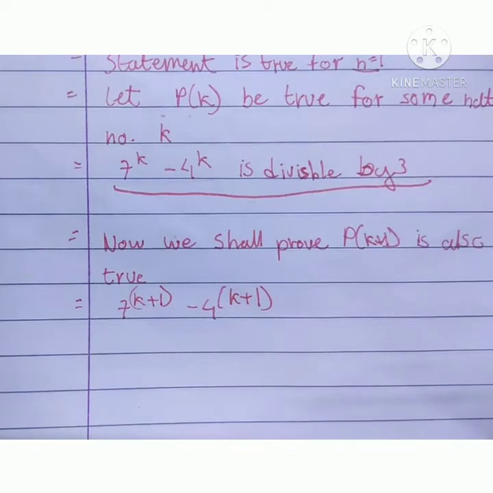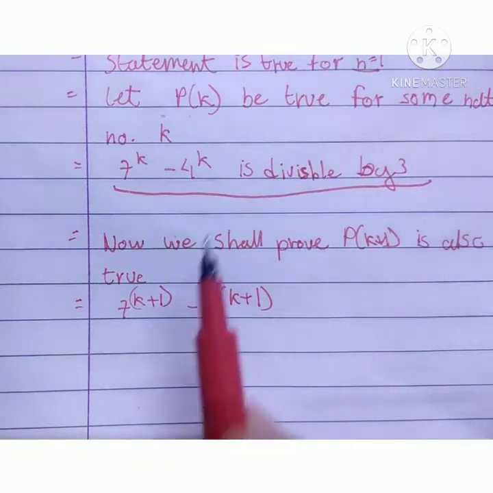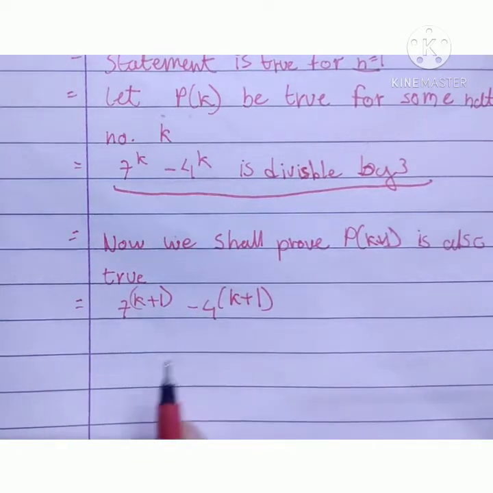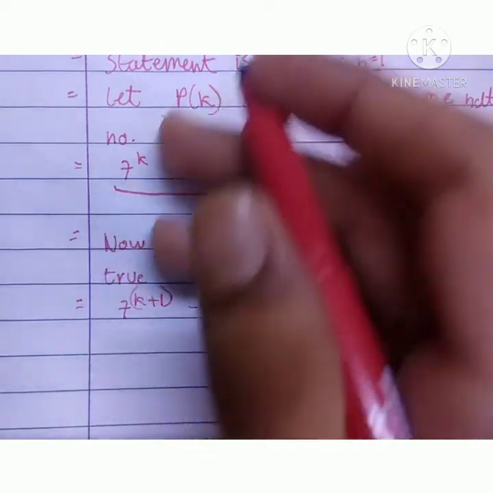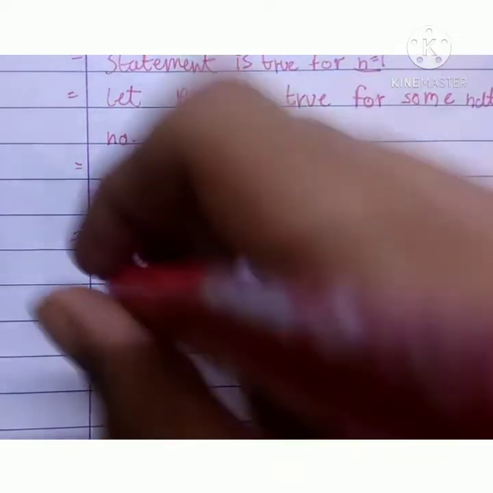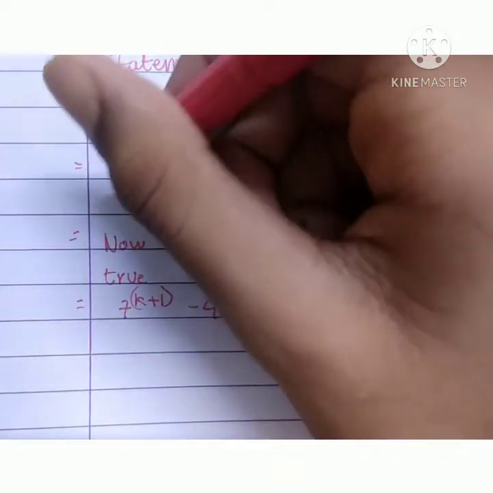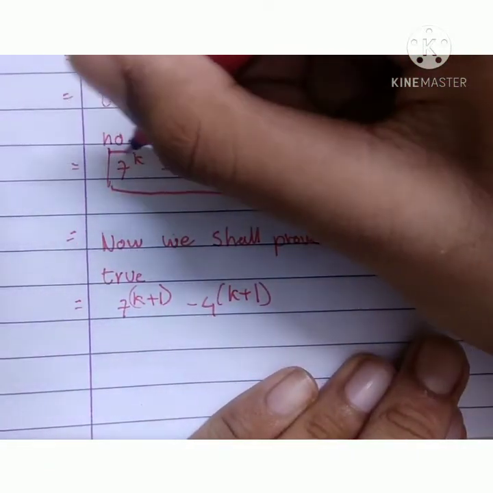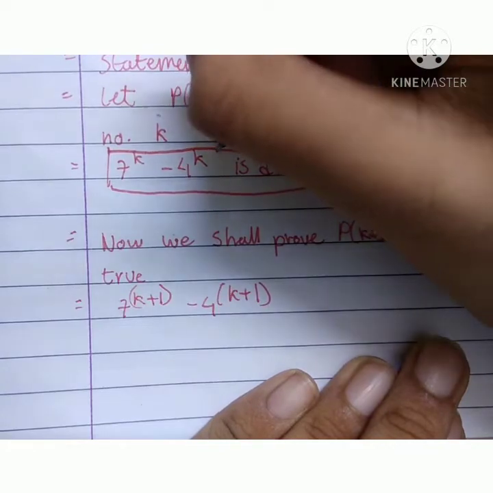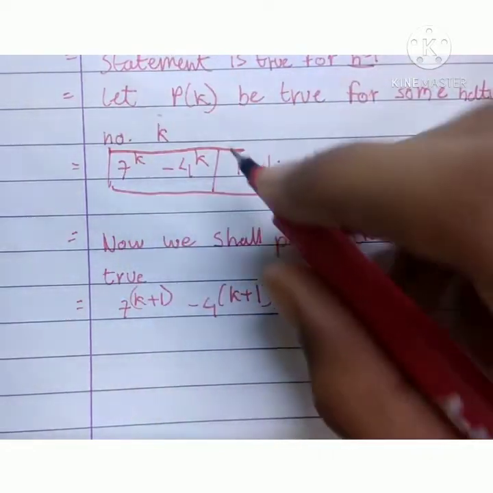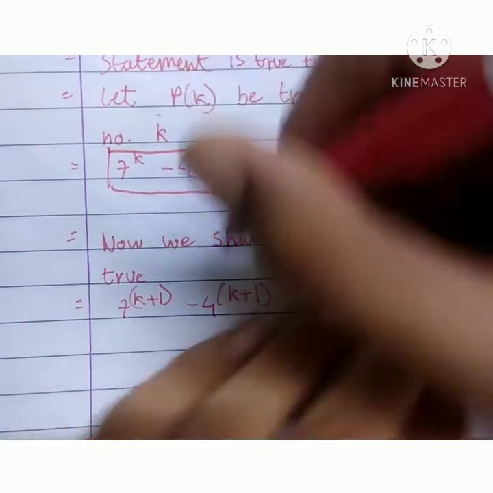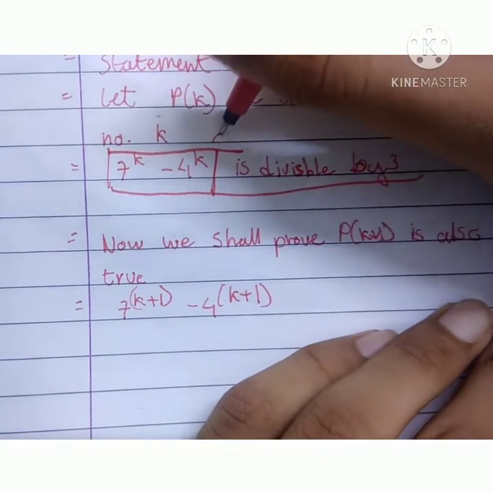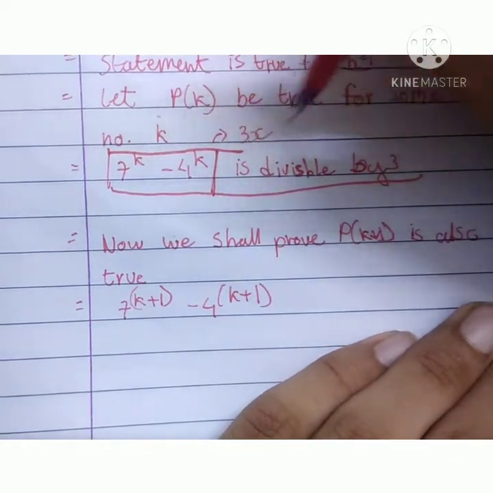But now I can see that I can't prove anything from this. So let me do one thing. I will let something. Let me let this equation, 7 raised to k minus 4 raised to k, be, let's say, 3x.